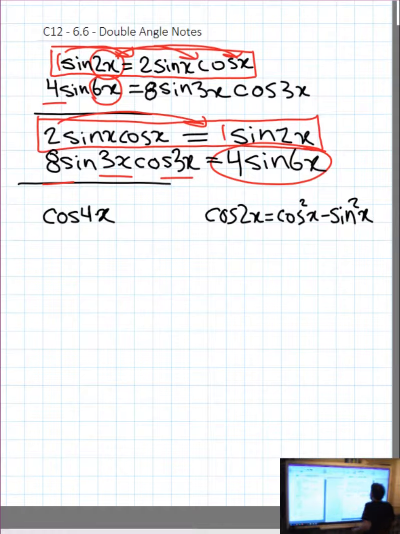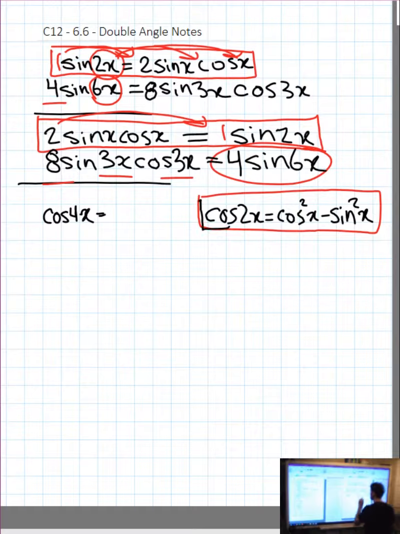I know that cos 4x off to the left, which I'm going to write a little bit smaller, will equal, back to the right, and I'm going to put a red box around that formula. And I know that if I have cos 2x, all I do is half this, and the pattern continues.